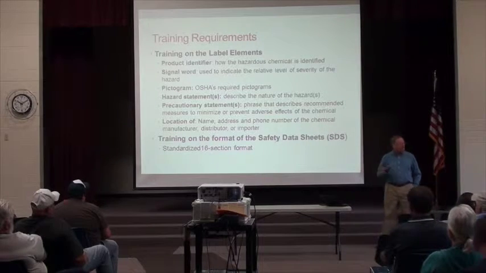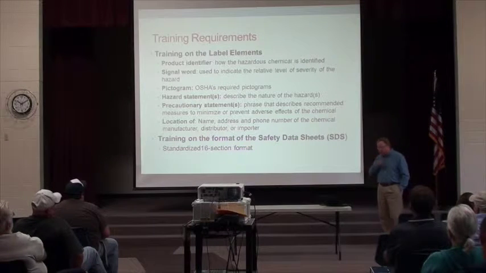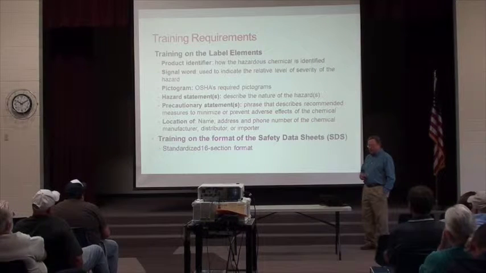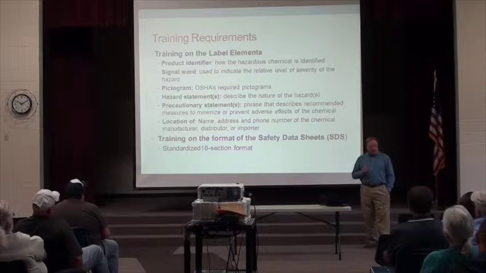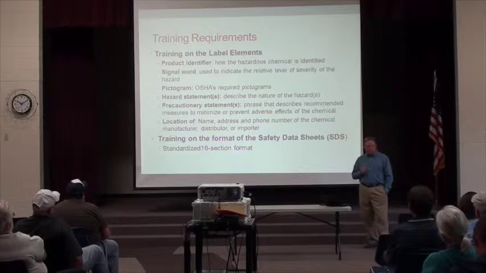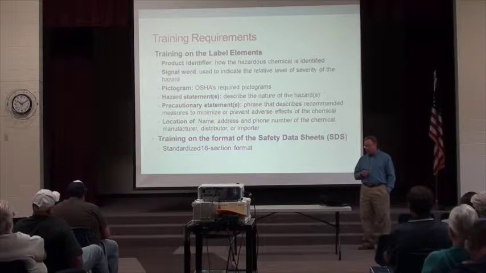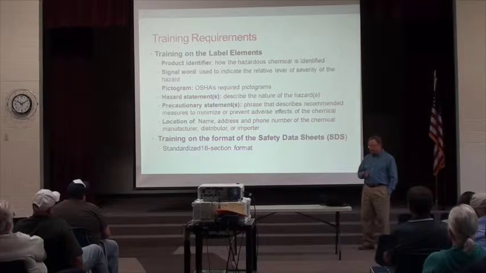This is what is required when we talk about the new HCS training. You've got to talk about the product identifier, which is how the hazardous chemical is identified. We're going to talk about signal words. They used signal words before, but now they're all using the same words. They're using pictograms that we've already talked about a little bit.